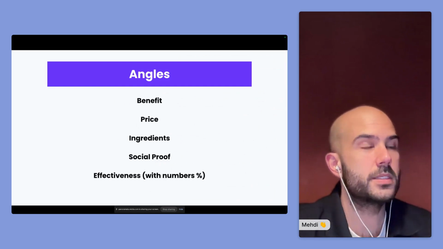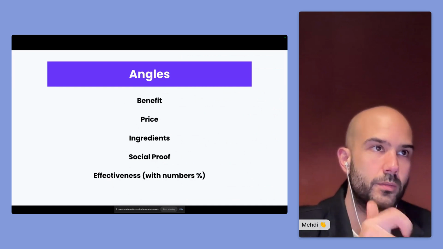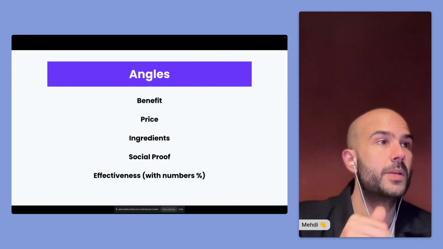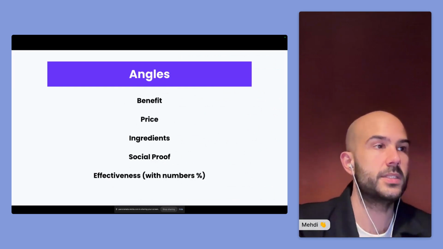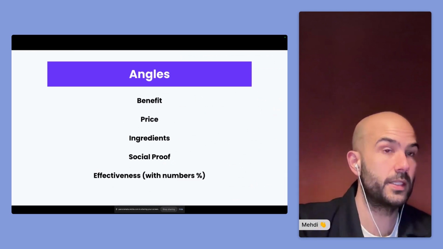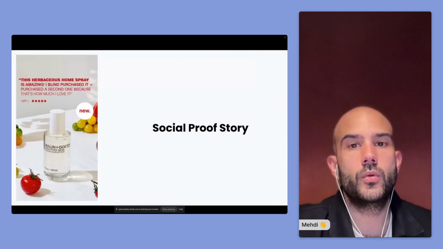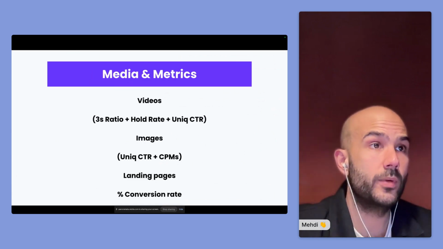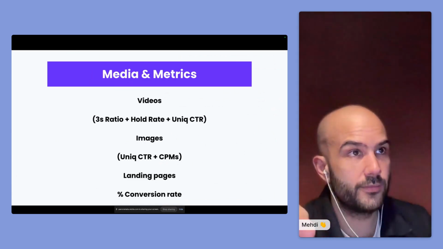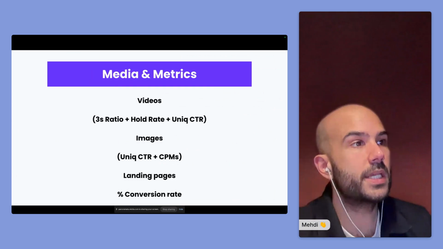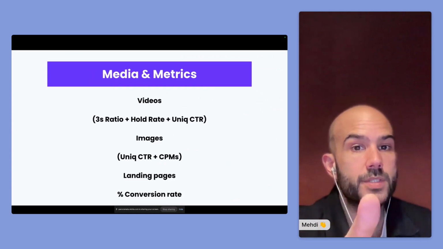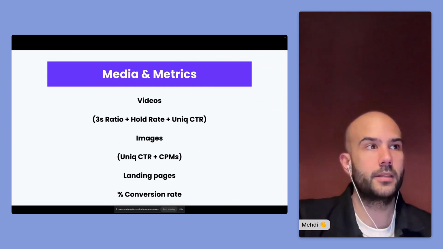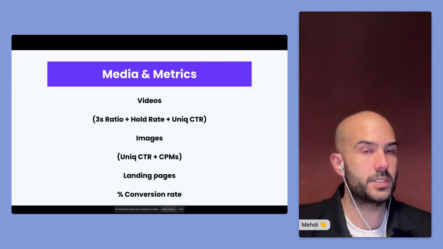Maybe the benefit one is actually a bit convoluted and you should use the ingredients to explain how you will achieve the benefits. Or the social proof might actually be something that works better. So looking at how your ad itself is doing in terms of creative metrics will give you indications as well in terms of where in my ad I need to make changes.